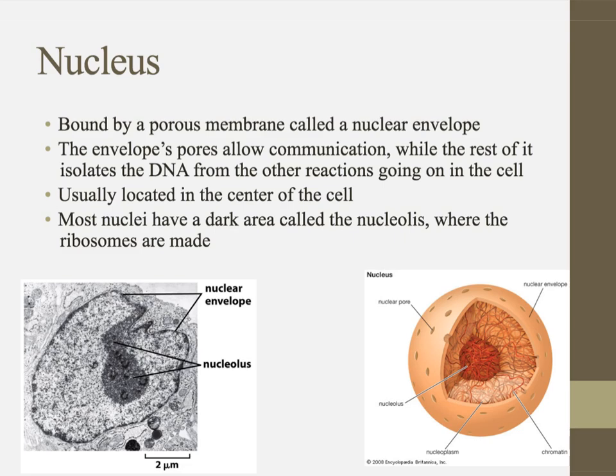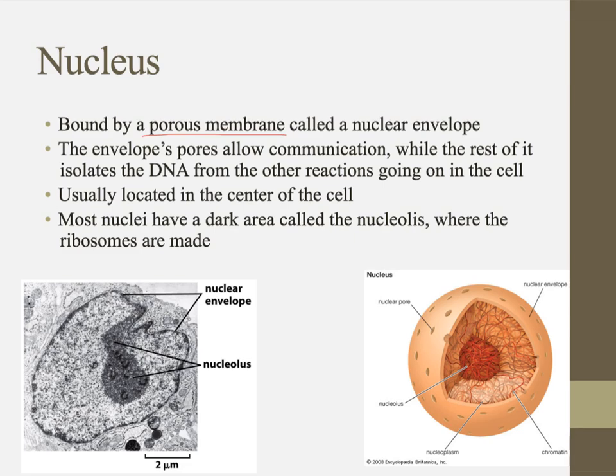Next up is our friend the nucleus. We've talked about this quite a bit, but I'll go over the highlights. It has a porous membrane, pore meaning hole. So that porous membrane here is going to allow for communication. It doesn't mean that it gets better cell service.